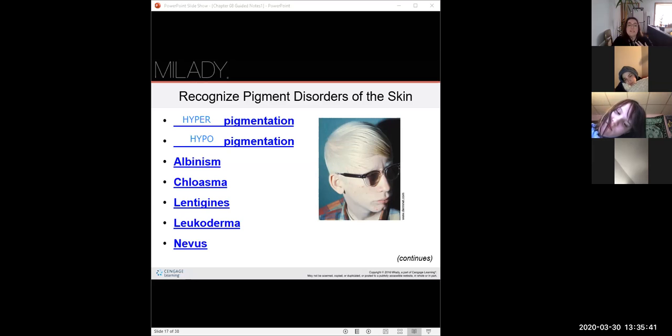Congenital, born with it, disease that destroys the pigment in the cells. And a nevus is a birthmark, fancy word for a birthmark. So it's a big malformation of the pigmentation in the skin. So a nevus, birthmark. Lentigines, freckles. Those are the two that are easy to remember.